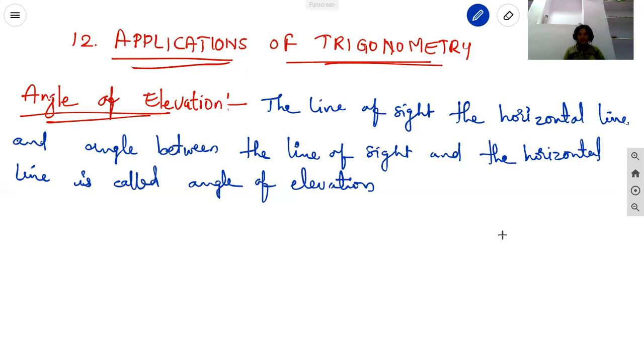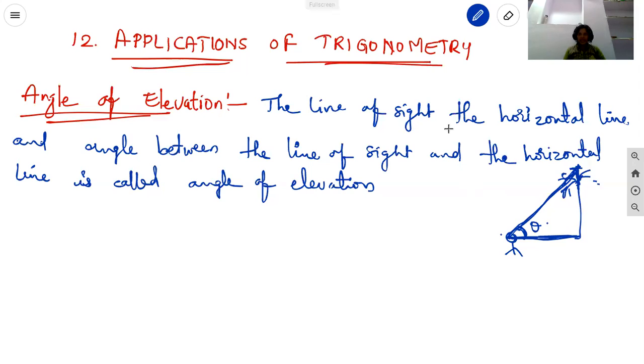Here, suppose a person is seeing from this point, and this is the height of the tree we are taking. The peak, the top, is the height of the tree. We are seeing from here, from the horizontal line with the line of sight, and that is called the angle of elevation theta.